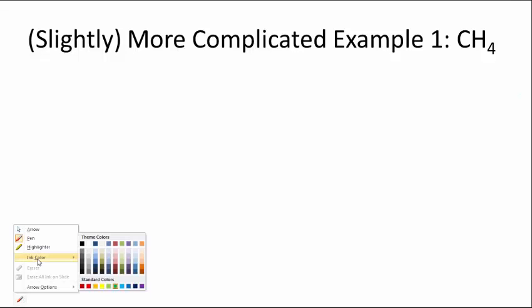All right, so let's consider CH4. If we wanted to draw a diagram for CH4, we would first consider, what does CH4 look like? Well, it's carbon with 4 sigma bonds.